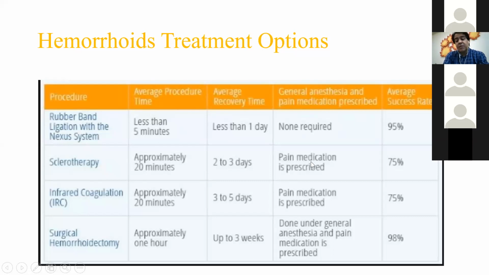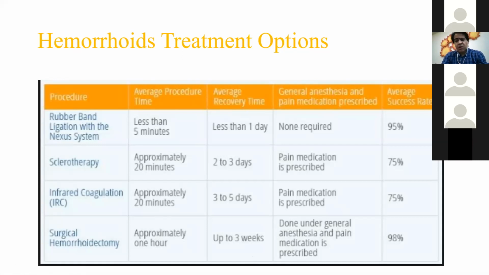It requires pain medication, as does the infrared coagulation, which takes 20 minutes to complete the procedure, and recovery time is 3 to 5 days, and its success is more than 75%. But the surgery has a good outcome. It has 98%, but it is a time consuming procedure. It requires a 1 hour procedure, and recovery time is 3 weeks. It requires general anesthesia and pain prescription as well.